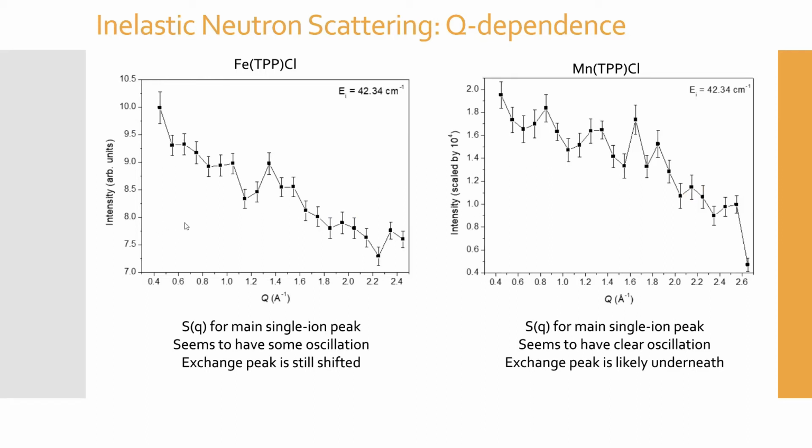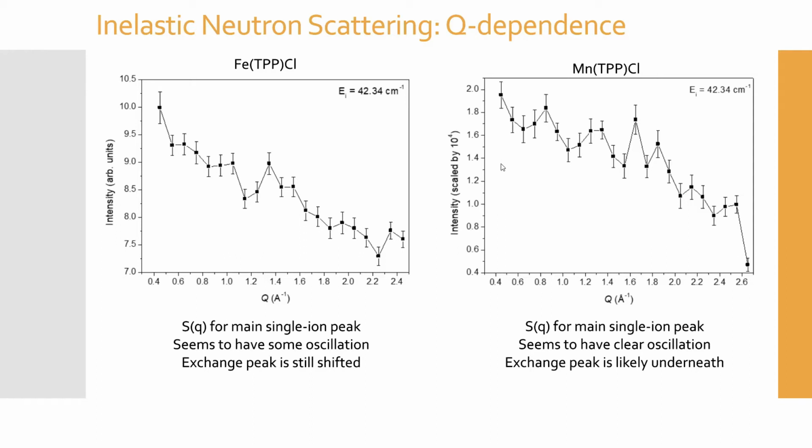So we look at the iron and we see something reminiscent of oscillations near the midst of the data, but mostly we see single ion. This kind of makes sense as we see a slight oscillation and the exchange peak from our energy data is shifted off to the side.